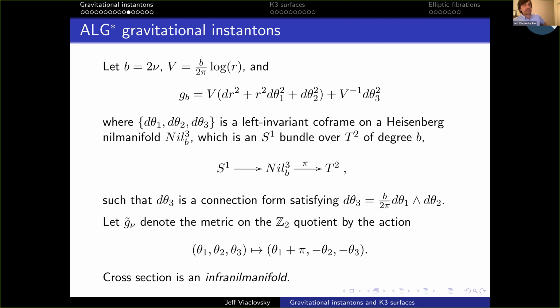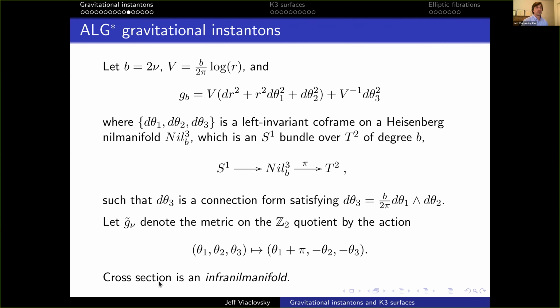So now let g tilde sub nu denote the metric on the Z2 quotient of what I just defined by the following action: theta 1 you translate by pi, theta 2 and theta 3 get reflected, they go to minus. It turns out this is a global Z2 isometry of this model metric, and so the metric descends to the quotient.